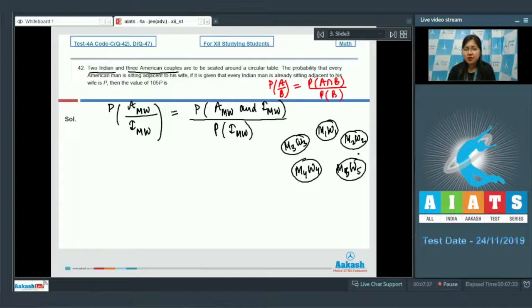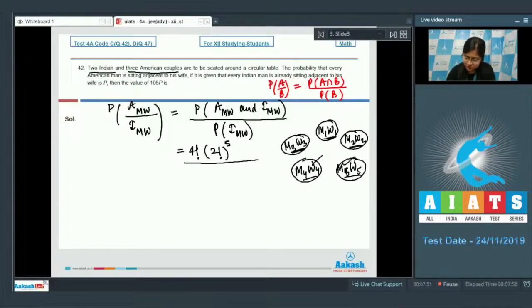So 5 things can be arranged on a circular table in 4 factorial ways. Also, these two can arrange among themselves, these two can also arrange among themselves, similarly for all 5. So 2 factorial raised to the power 5. This is our required number of cases. Divide by, now here it is given that the Indian couples are sitting together.